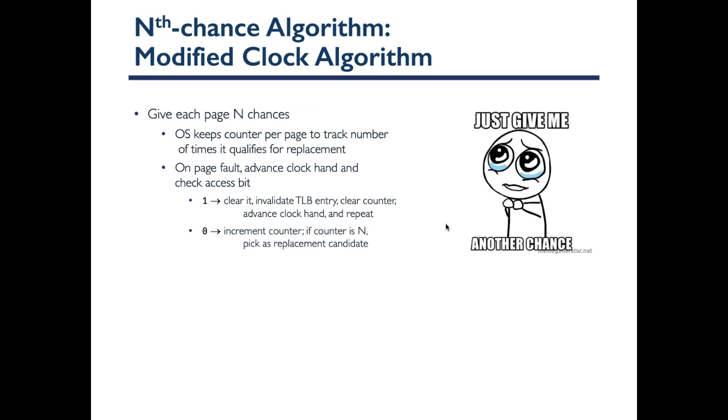And once you've lost all your chances, then it's time for you to be evicted. The rest of it works very close to the clock algorithm. We just need another variable to track how many times each page has been picked for eviction.